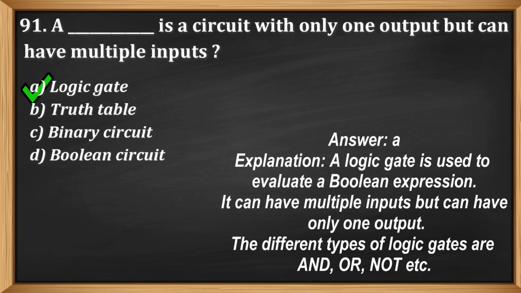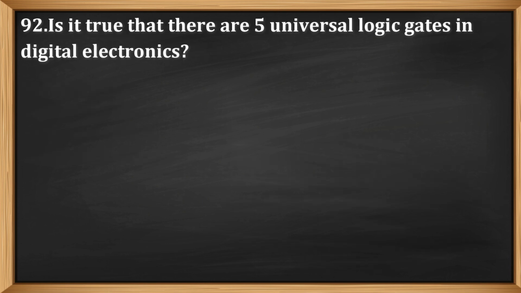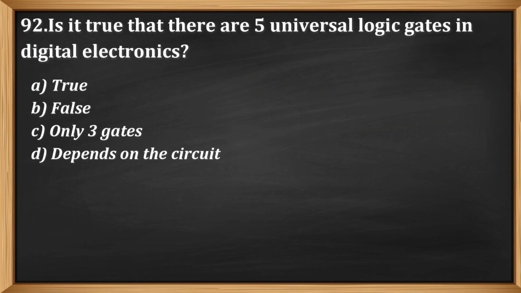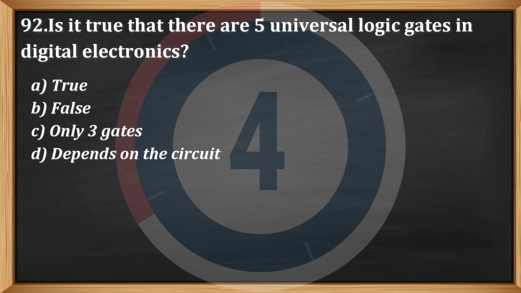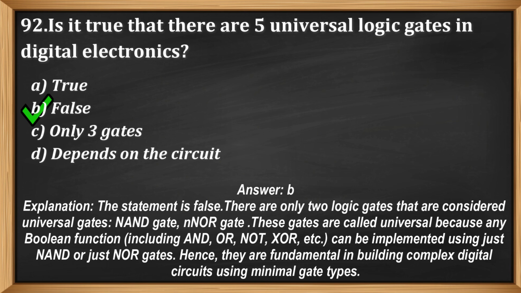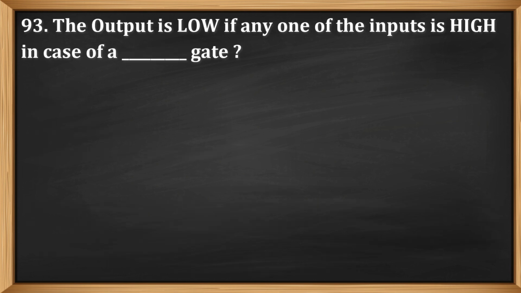A dash is a circuit with only one output but can have multiple inputs. Option A, logic gate. Is it true that there are 5 universal logic gates in digital electronics? Option B, false.